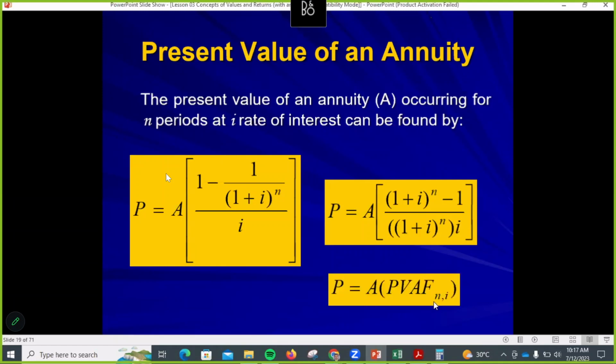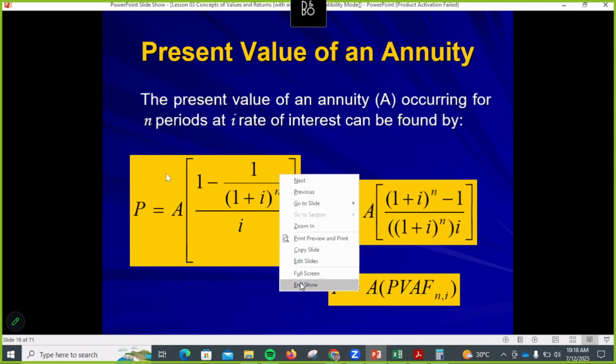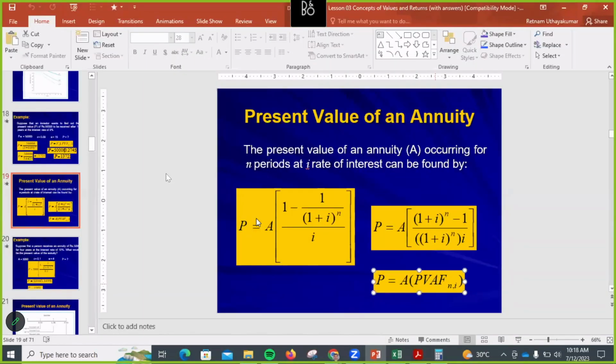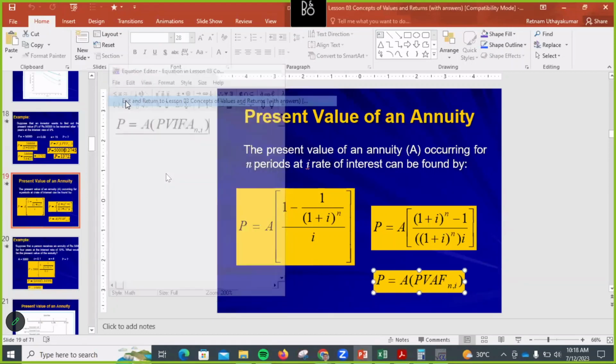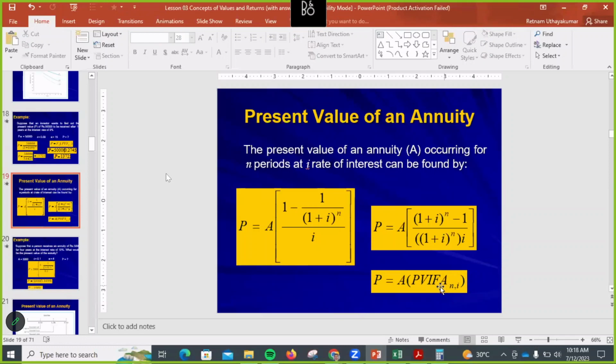So instead of that, you can apply this present value interest factor for annuity, at the end year under the given rate.